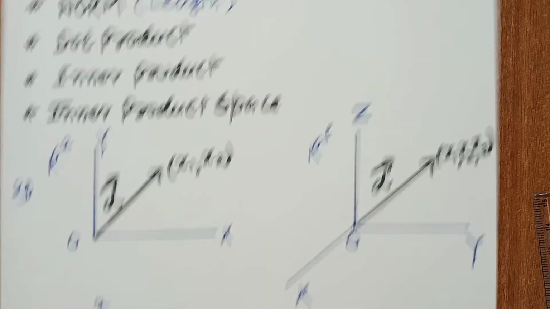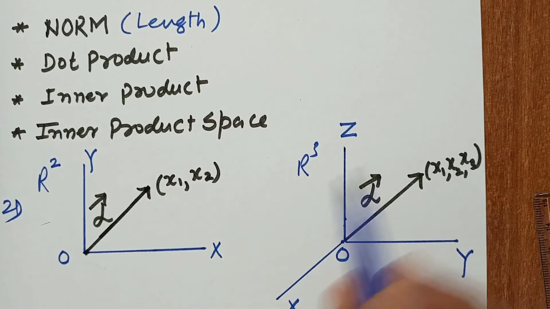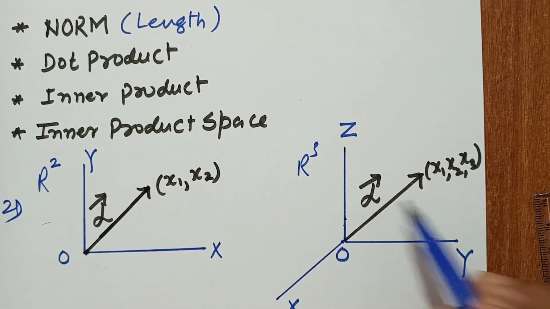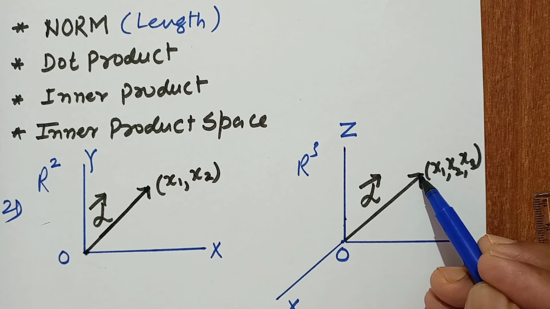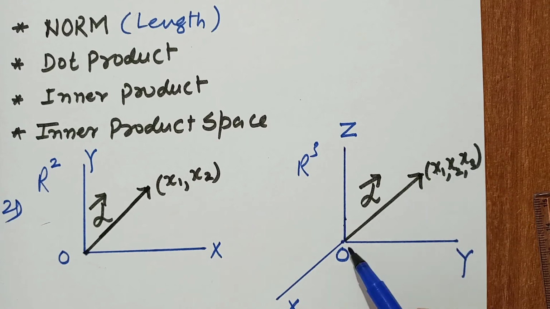Similarly, in three-dimensional space, this is alpha. The coordinates of this point alpha are x1, x2, x3, and this is the origin.